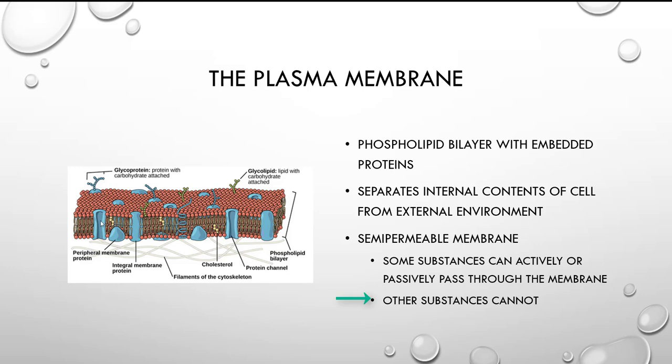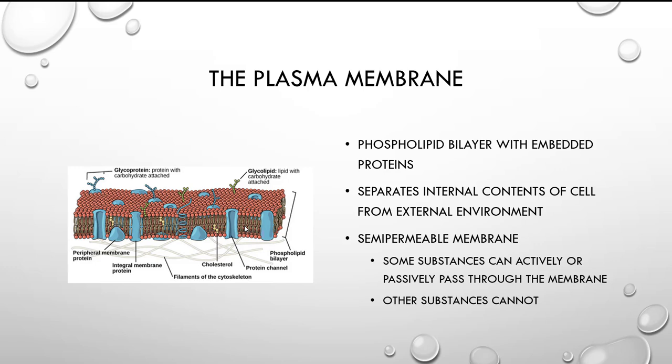So we do have what are called transmembrane proteins or integral membrane proteins that can allow some larger things to pass through, okay? You can see that we also have other structures embedded, so embedded proteins, and there's little cholesterol.